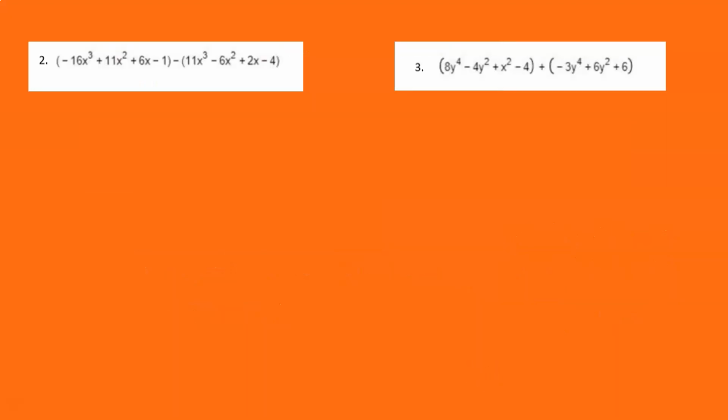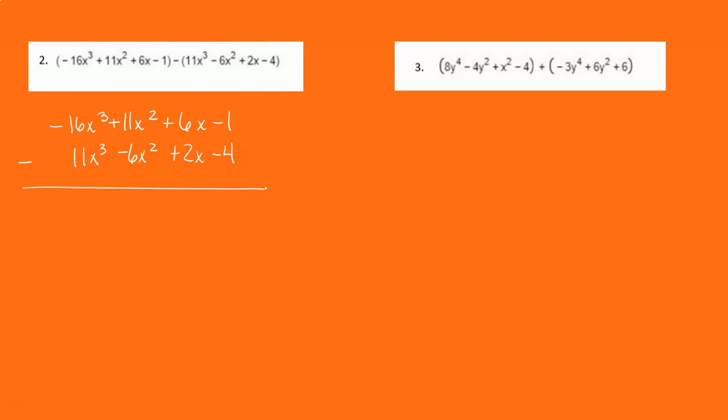Let's look at number 2. It's subtraction. So I'm going to stack these. So I'm going to subtract. So I'm going to line up my like terms. Nothing to fill in here.